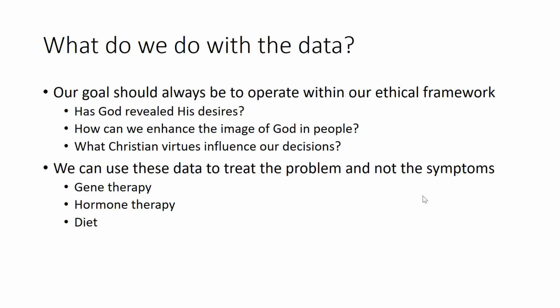Hormone therapy is a very powerful one for many of these genetic illnesses. If you understand the underlying cause of the pathology, you can try to override that by changing the environment, and this is where hormone therapy can be especially successful. You see it used a lot with alterations in sex chromosomes.